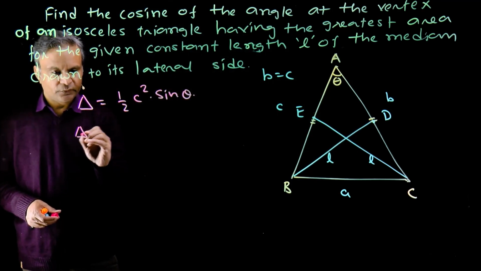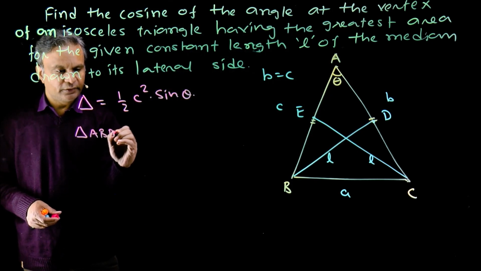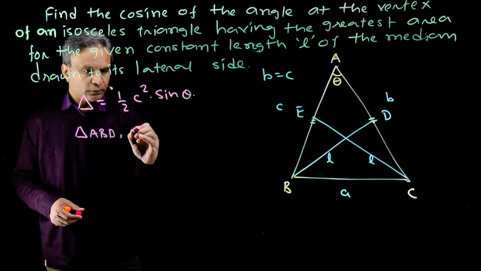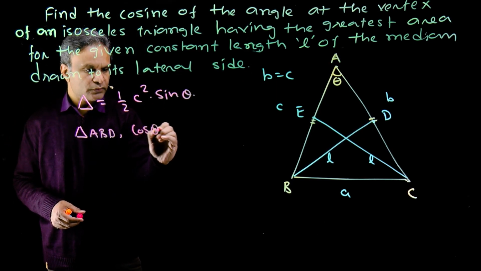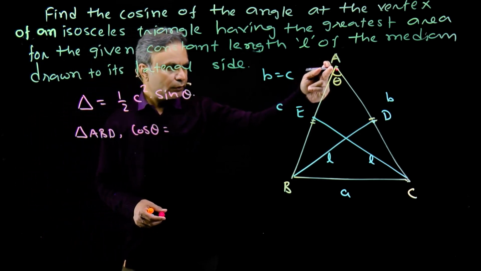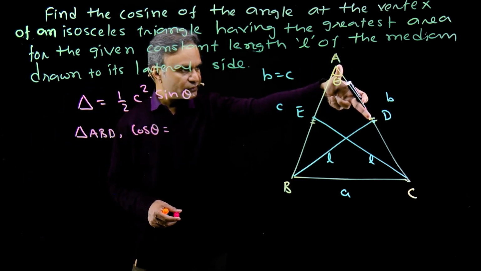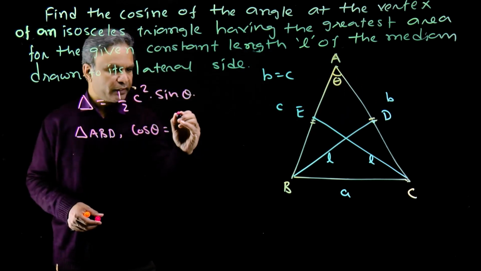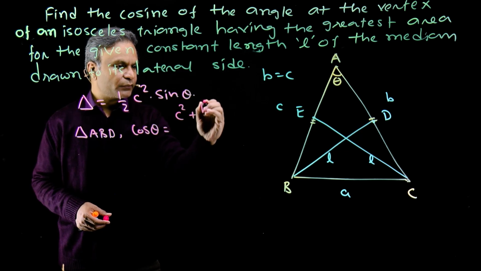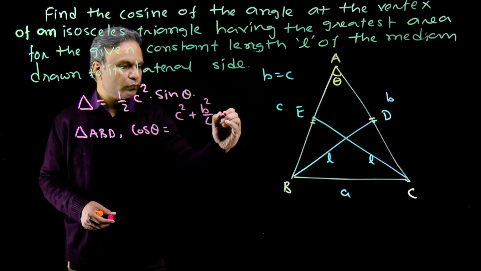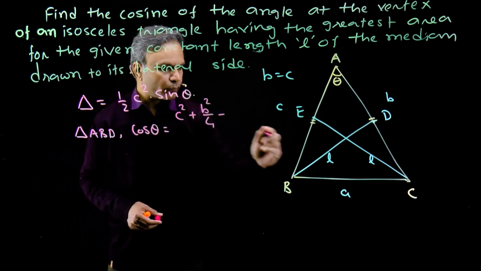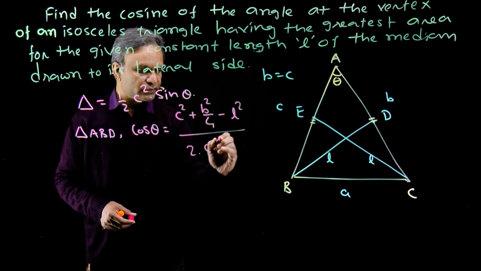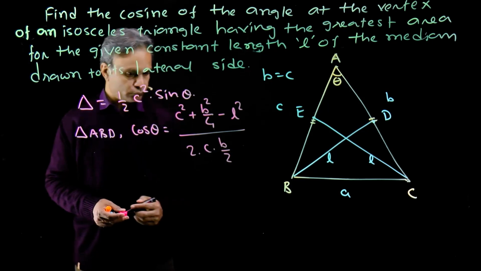Cosine rule in triangle ABD. In triangle ABD, using the cosine rule, we have cos theta is equal to this side square plus this side square. This is b upon 2 because D is the midpoint. So we have c square plus b square upon 4 minus the opposite side square, which is L square, over 2 into c into b upon 2.